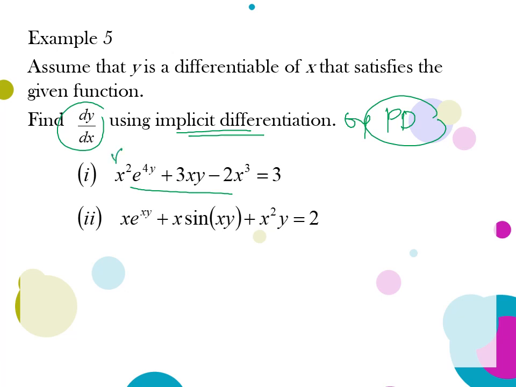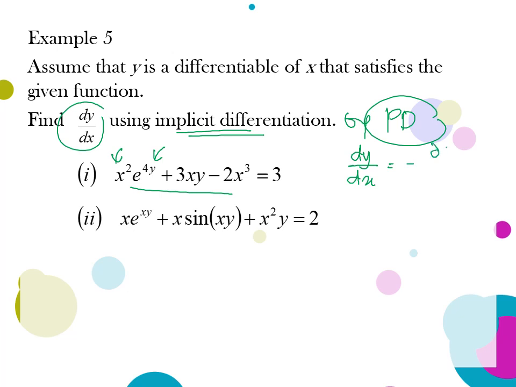So you have the x, you have the y. Remember, when you apply partial derivative, you will treat the other variable that you are not interested to differentiate as a constant.